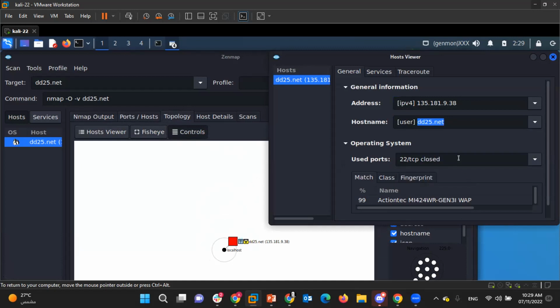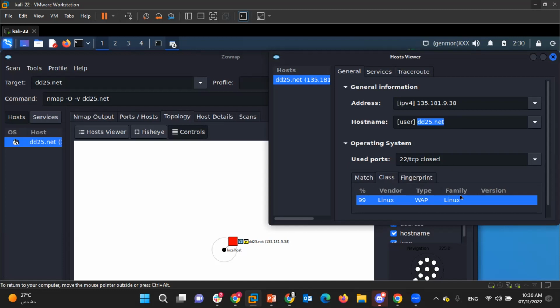From here, we can get an idea. This service is up on the Linux operating system. From here, you can find it, Linux operating system. For now, we have new information about the operating system.